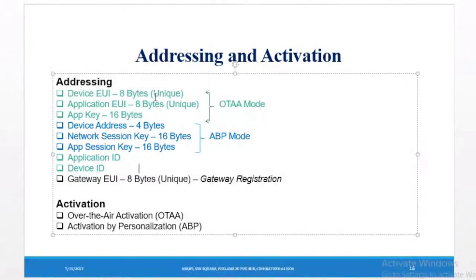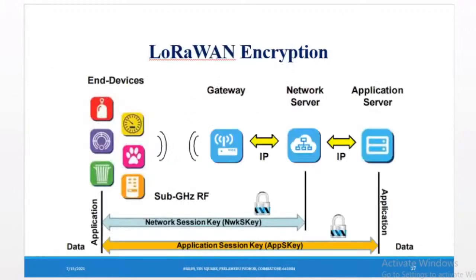With the help of these activation methods, I'm going to push the data towards the cloud. As previously explained, here you can see end devices to gateway: radio communication over radio channels.